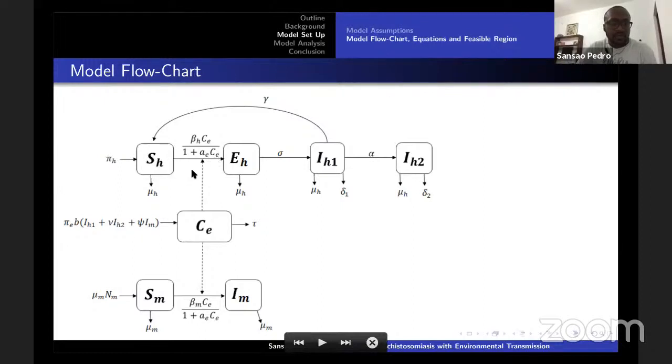And where we have interaction, like this compartment interacting with this compartment, this will be a product. Since it is a Holling type, this is then reduced by this term to saturate. So then we have these transfer terms. Like I said, the one that comes in is a plus, the one that goes out is a minus.